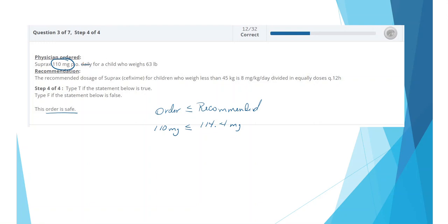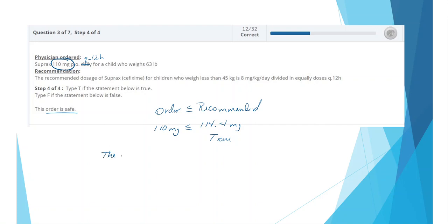We're going to kind of ignore the daily. We're going to assume that it's every 12 hours because of the way the question reads. And this is true. Either way we look at it, if it's for 1 dose every 12 hours, it's true. If it's for a maximum of a daily dose, it's still going to be true. So the ordered dose is safe.